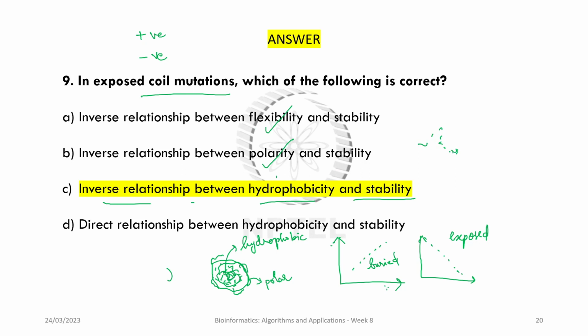Whenever you're talking about flexibility and stability, I don't think they go hand in hand unless it is too exposed. Again, it cannot be inverse. Whereas this is an option where inverse relationship between hydrophobicity and stability occurs. And option D is true for other cases where the residues are not exposed and are buried amongst other hydrophobic residues. I hope that was clear for Devangana.